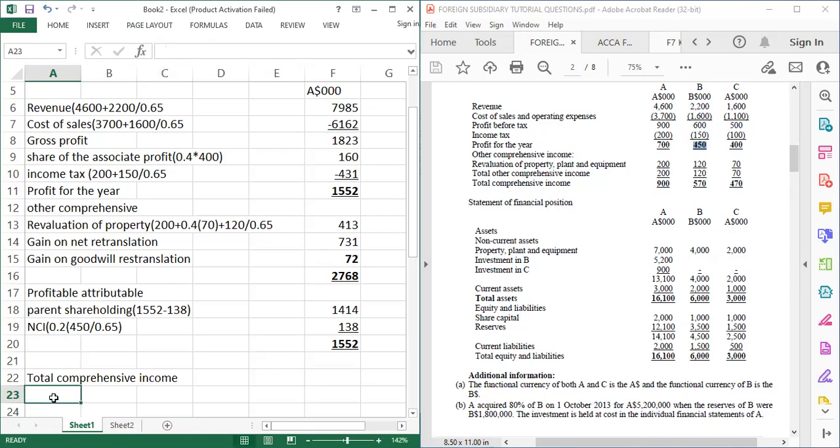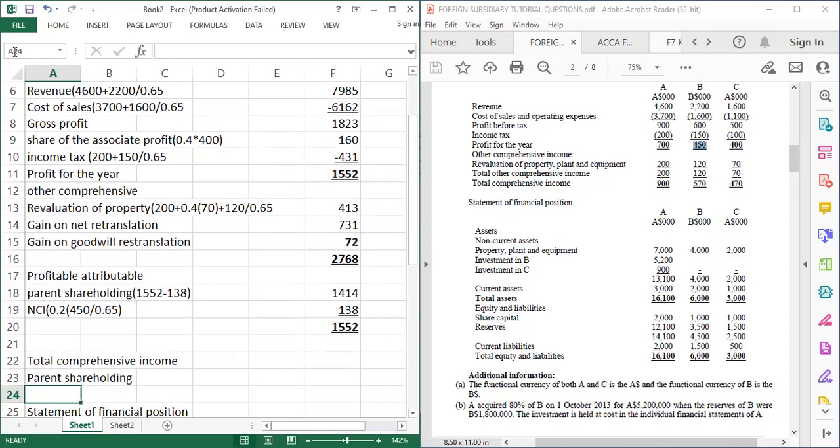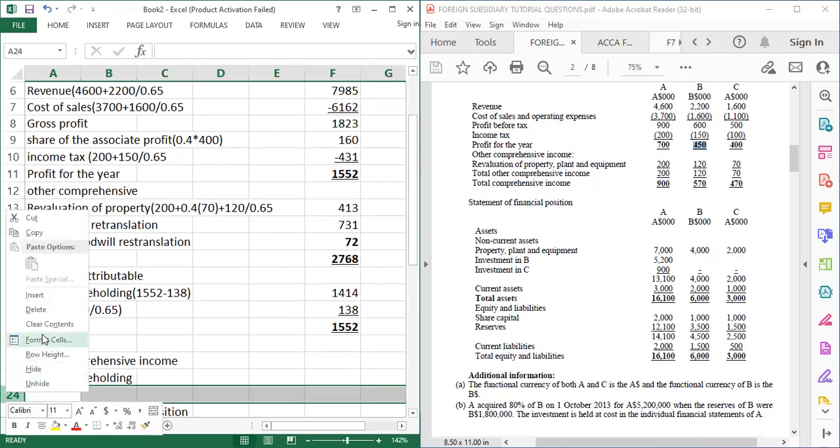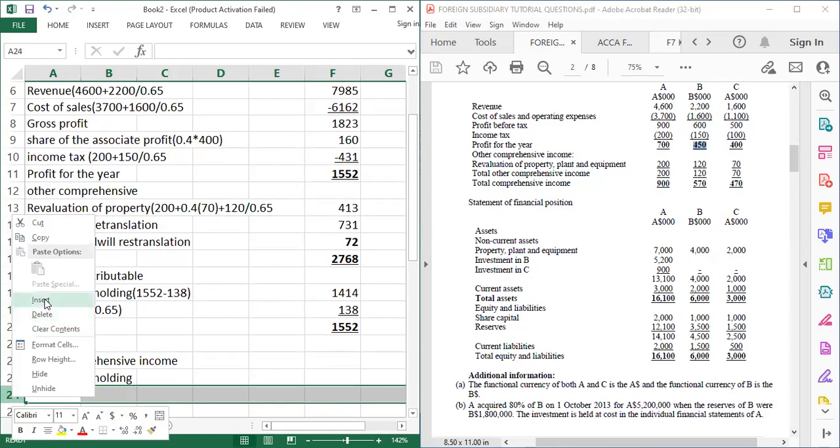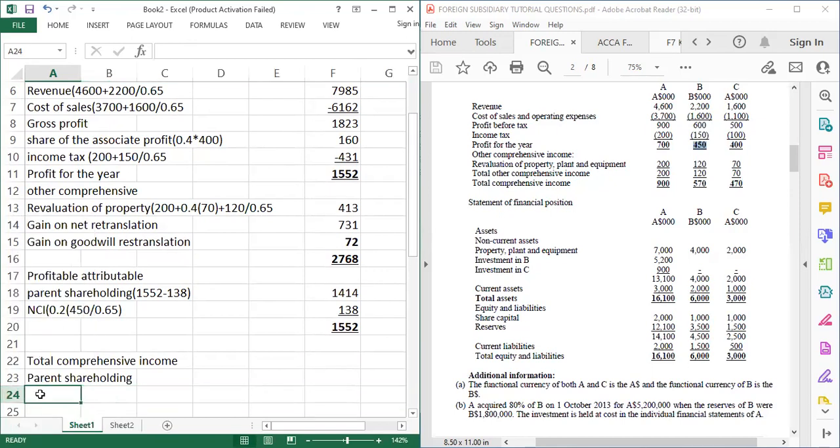All right. So this one too, we share it among the parent and then the NCI. The consolidation for corporate reporting is not difficult, like the financial reporting one. That one there, everything can come. It's complicated.